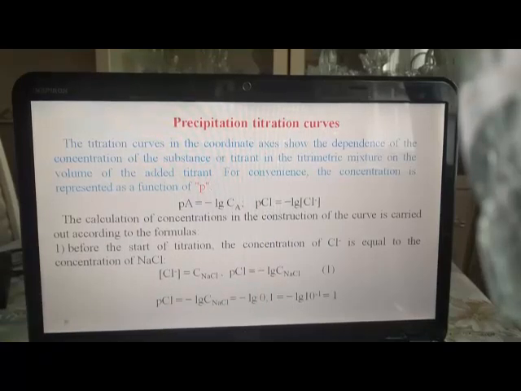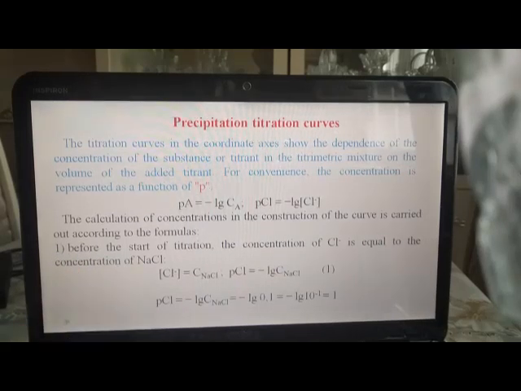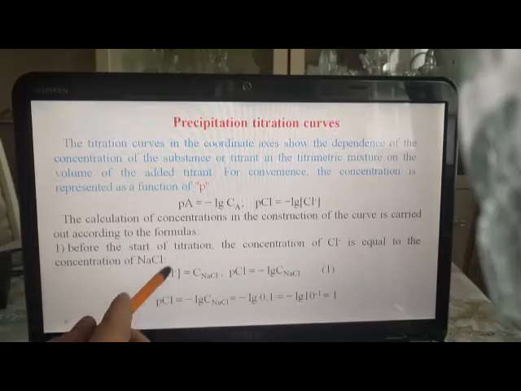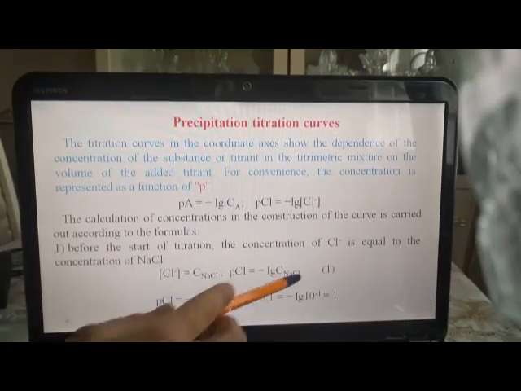The calculation of the concentration in the construction of the curve is carried out according to the formulas. For example, first, before the start of titration, the concentration of chloride ion is equal to the concentration of sodium chloride, as we see from the equation.